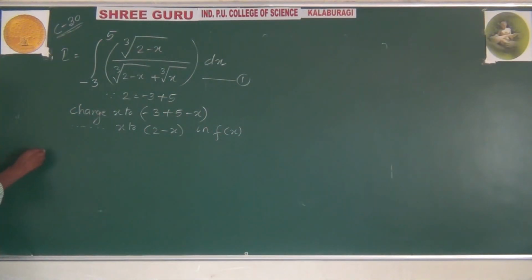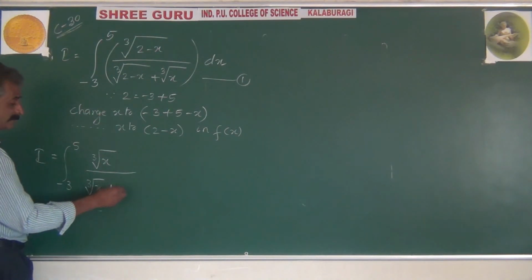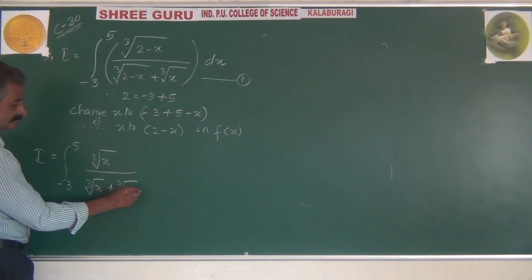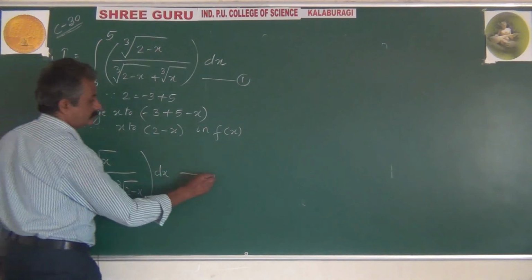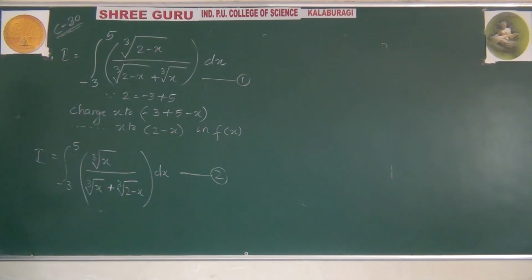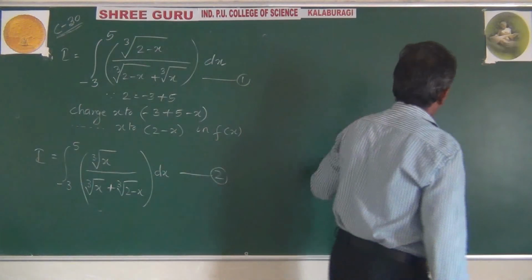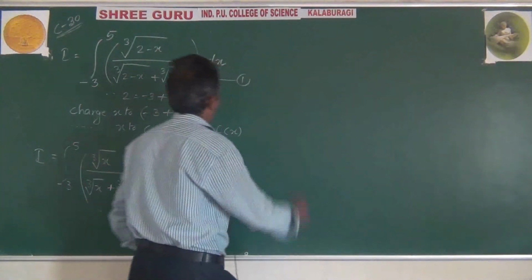So that now I becomes integration minus 3 to 5 cube root of 2 minus x becoming x, divided by cube root of 2 minus x becoming x, plus now cube root of x becomes 2 minus x. Next step will be as usual adding integrals 1 and 2.